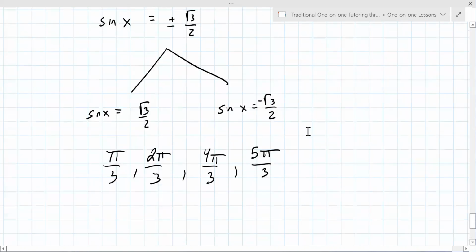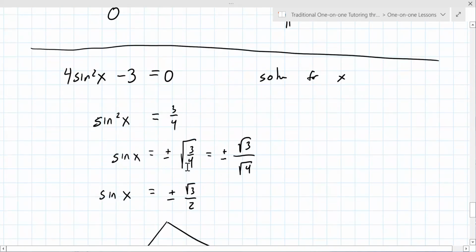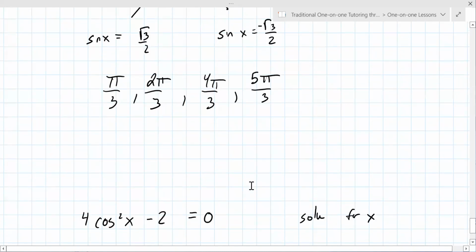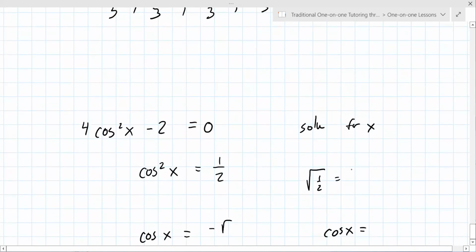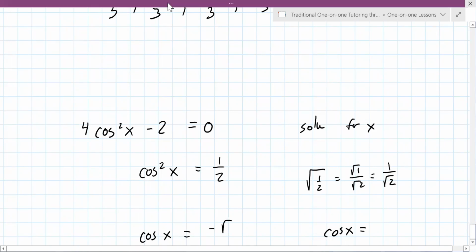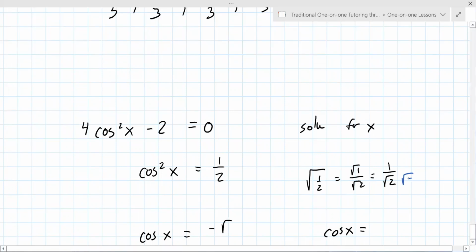Just like in the last problem where you said it's the square root of 3/4, you're absolutely right, but you have to reduce it. This one becomes root 1 over root 2, but now you can rationalize it. You multiply the top and bottom by root 2.